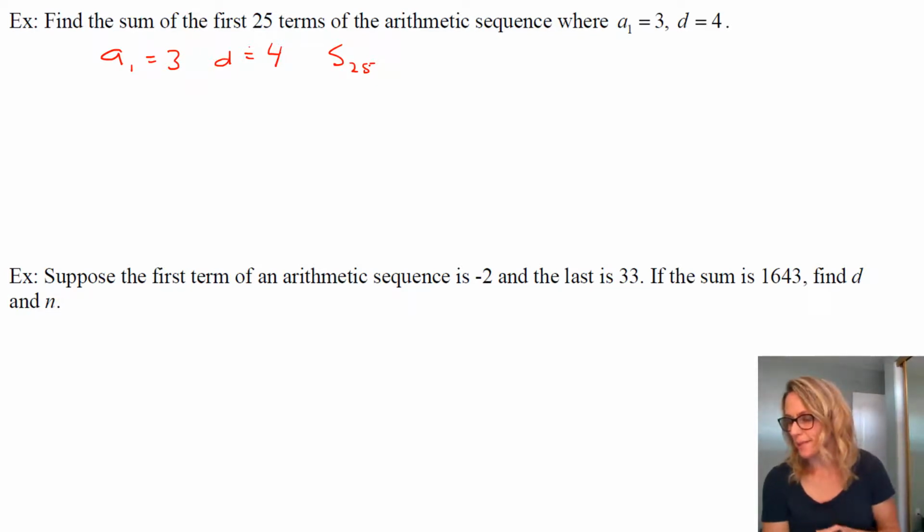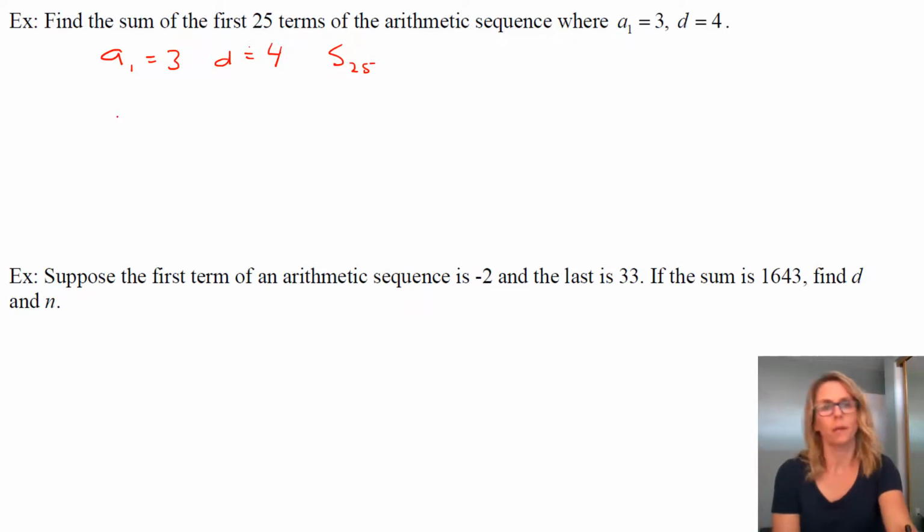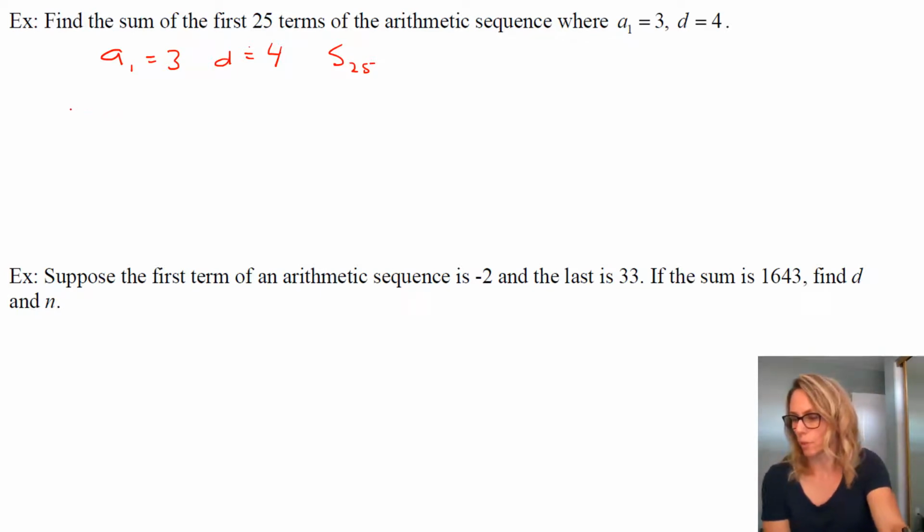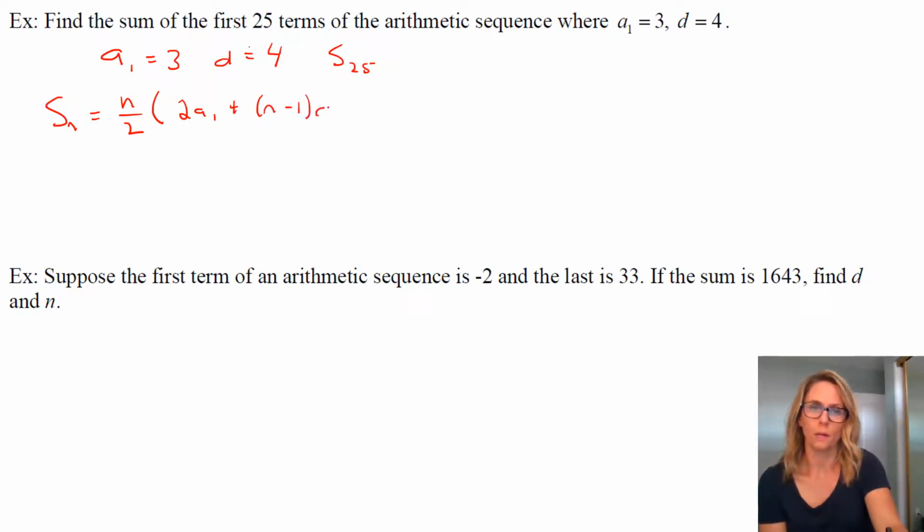The second option in that text box, in the middle of the page, wants a sub 1 and a sub n, but you don't know a sub n, and so that would be a lot harder to use. So instead, you could find a sub n and then do it, but you could also just do it in one shot. So we're going to use this partial sum: S sub n equals n over 2 times 2a sub 1 plus n minus 1 times d.